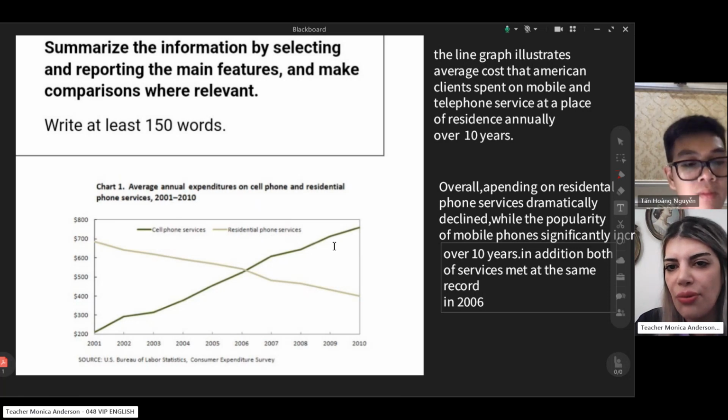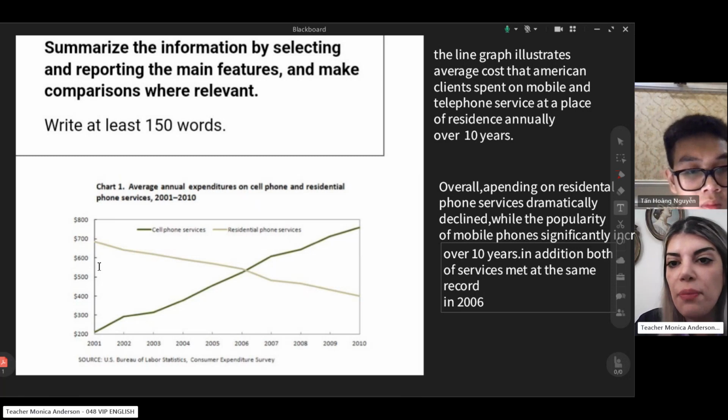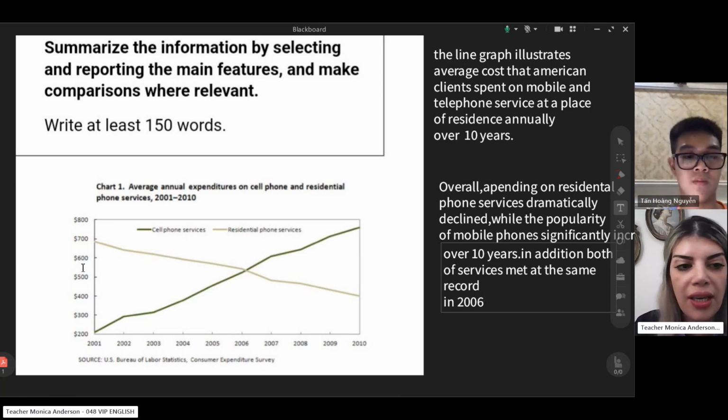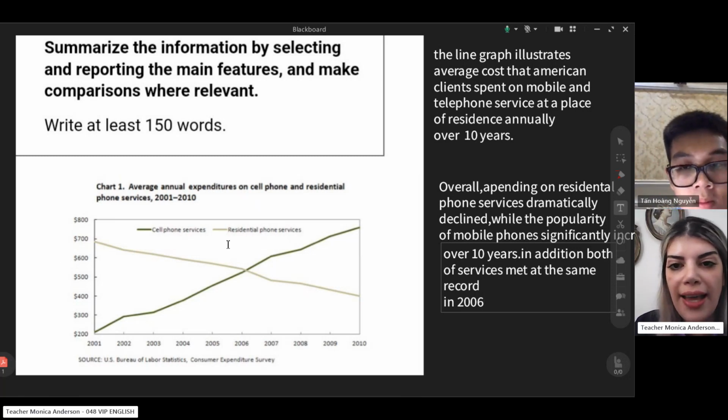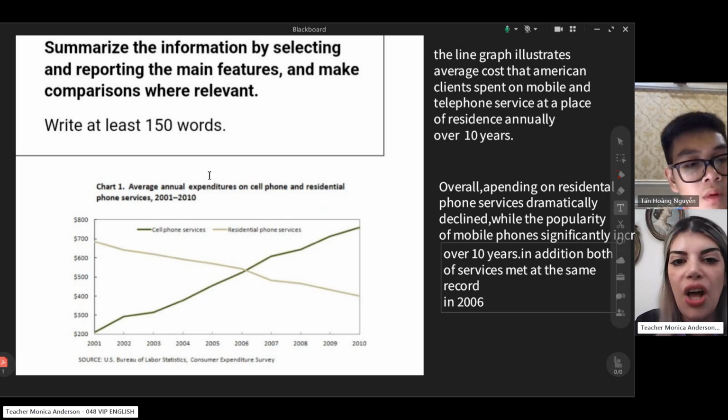So decline or decrease. While the popularity, as you can see, people were buying mobile phones in a decade, in 10 years, from 2001 to 2010. So the popularity of mobile phones significantly increased over 10 years, or in a decade. You can use both of them.